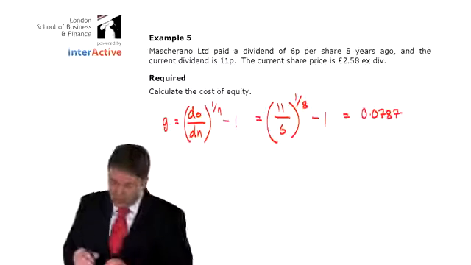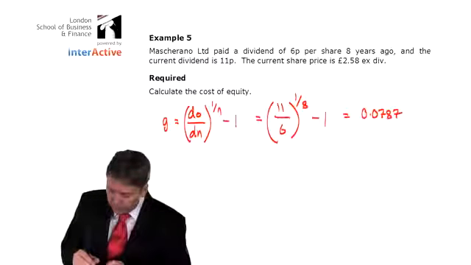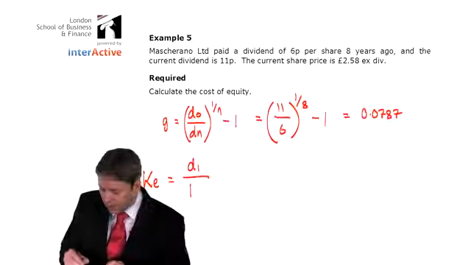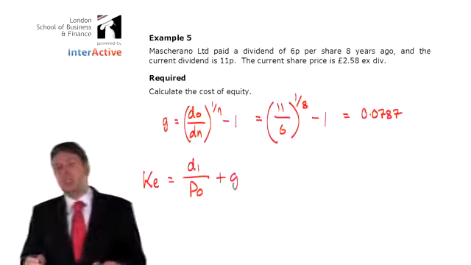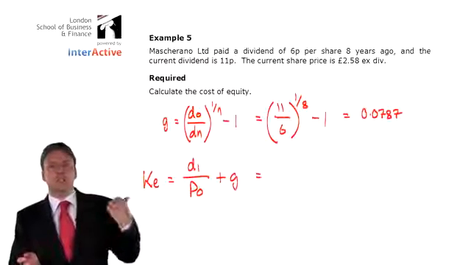Once we've got that growth rate, slap it straight into the formula. Ke equals D1 over P0, all plus g. D1 is the dividend in 1 year's time.